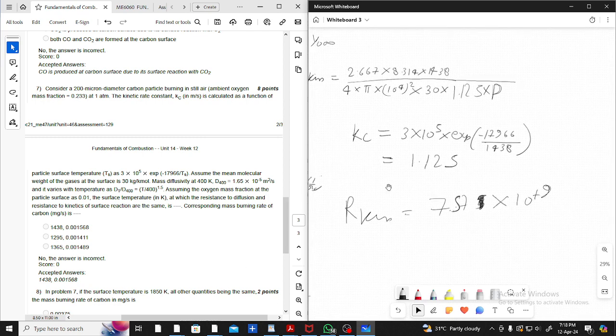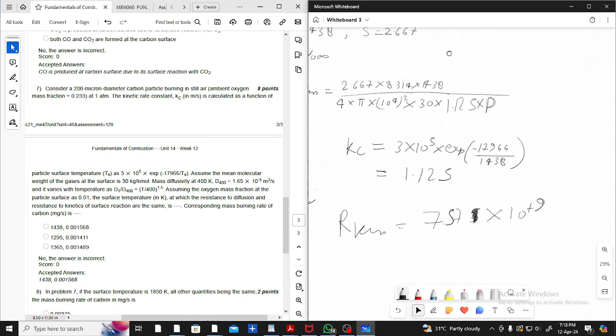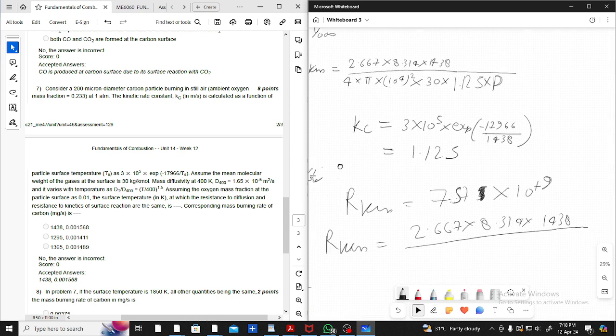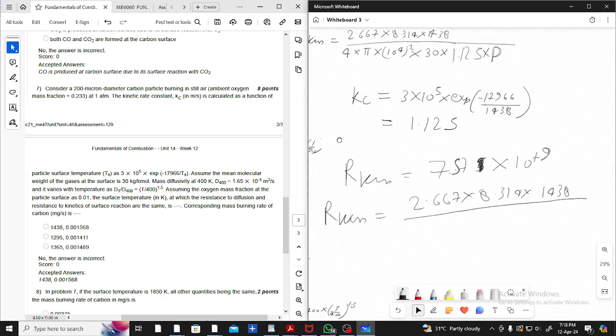So R kinetic is equal to 2.667 into 8.314 into 1438 upon 74.093 into 10 raised to 3. Just give me a minute, please. Okay, fine.